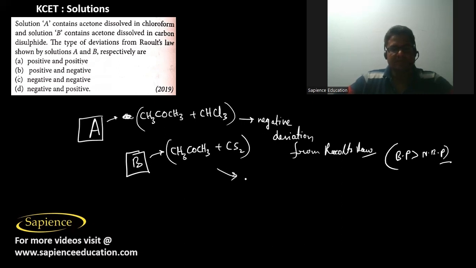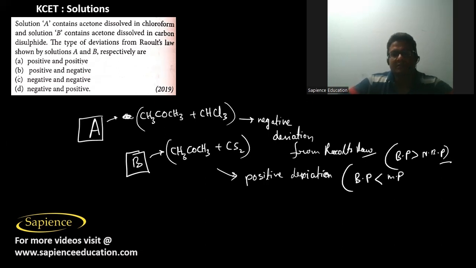And in case of solution B, it will show a positive deviation from Raoult's law, since here the boiling point of the solution will be less than the normal boiling point. So negative and positive. So option D is the correct answer.